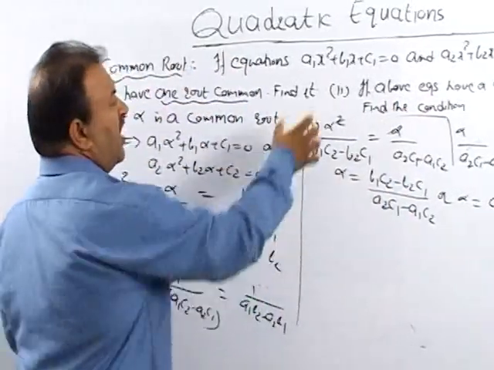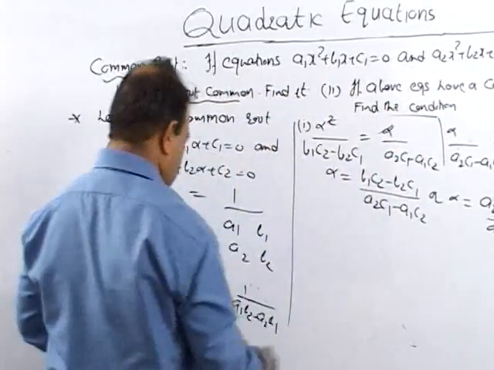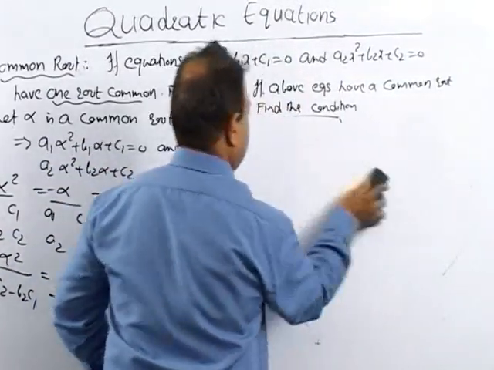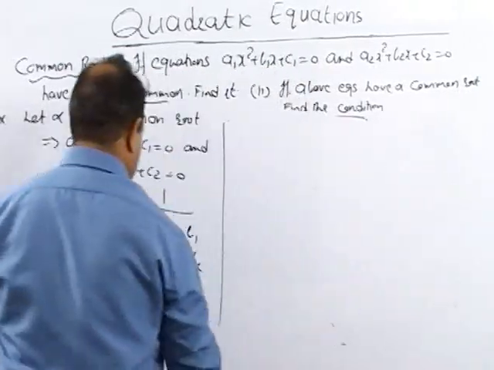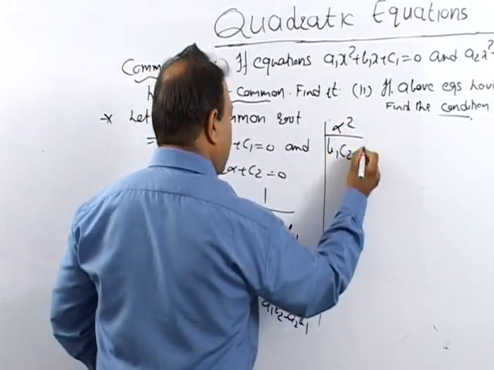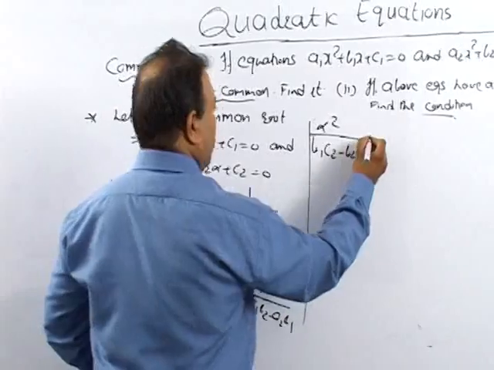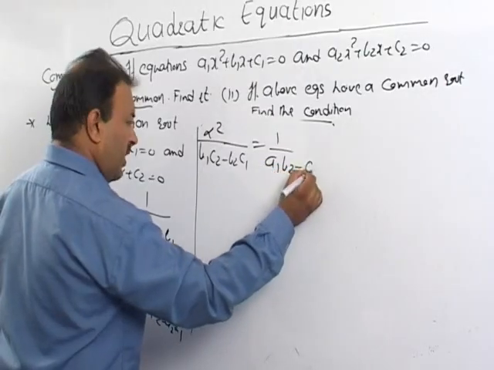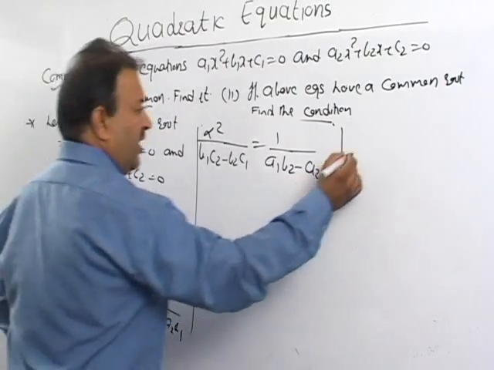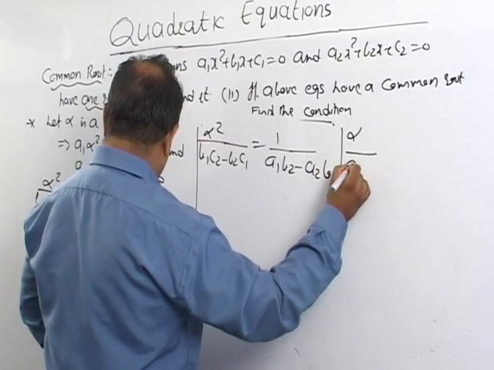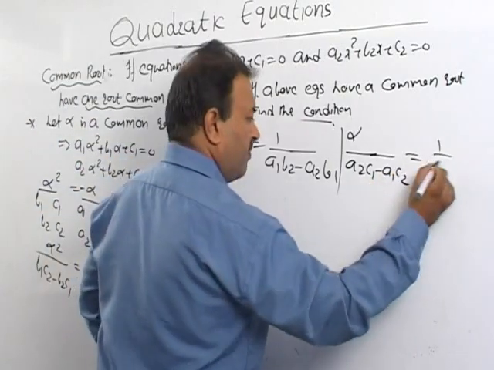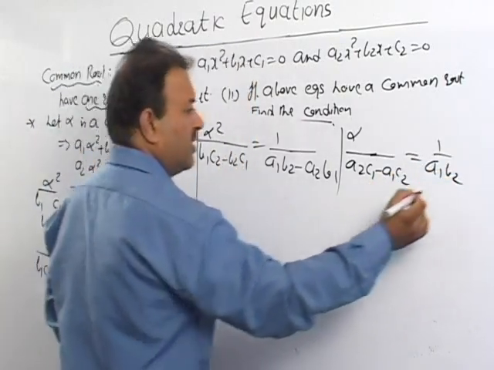If the above equations have a common root, find the condition. For that I'll change from here. I'll take first and third: alpha square upon b1 c2 minus b2 c1 is equal to 1 upon a1 b2 minus a2 b1, and then I'll take second and third: alpha upon a2 c1 minus a1 c2 is equal to 1 upon a1 b2 minus a2 b1.